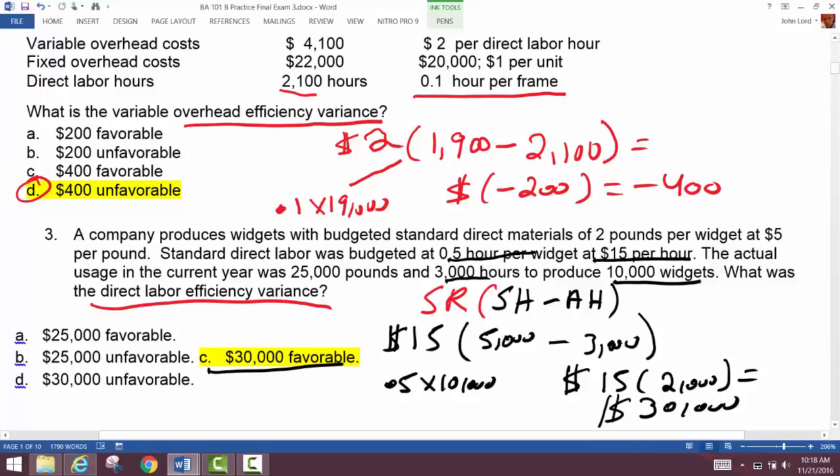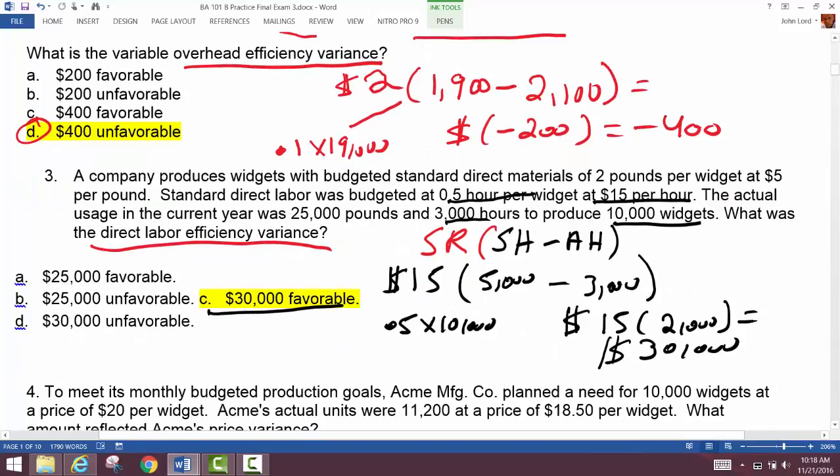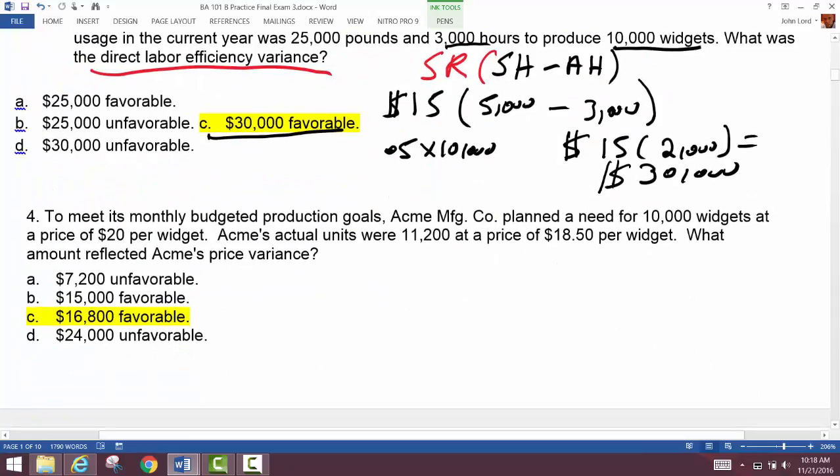Okay, good. Let's go ahead and take a look at this one. And now we want our price variance for what? For our materials, I guess. Be nice if they would tell us what we're looking for here. I guess it's materials. Okay.